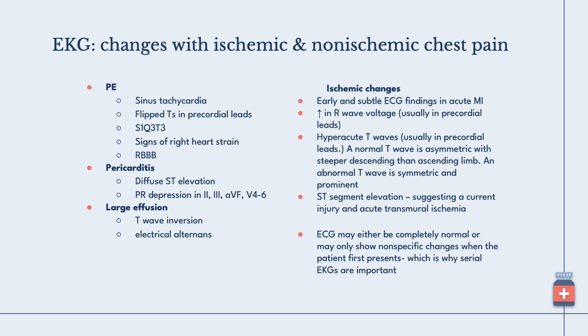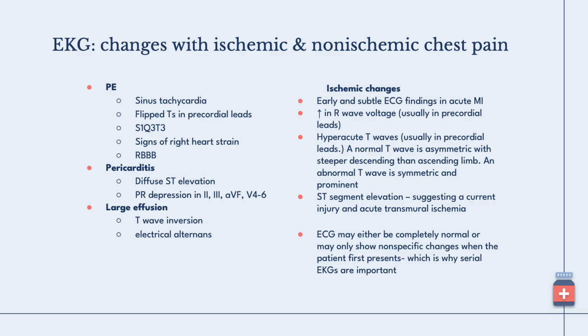So critical to get that EKG within the first 10 minutes of patients presenting with chest pain. So specifically, we're looking for any classic signs of PE, pericarditis with our diffuse ST elevation. Could there be electrical alternans indicating that there could be a large effusion present? And then, of course, we're looking for those ischemic changes.